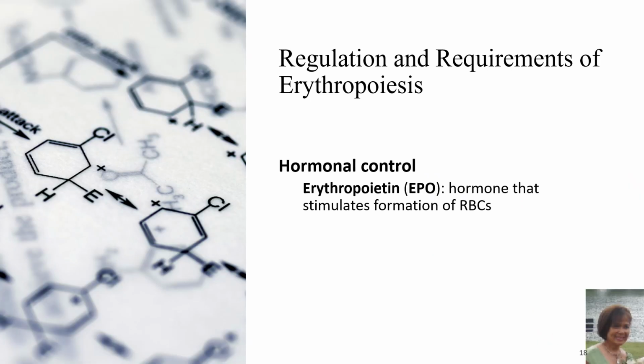So the hormonal control is actually the big shot in erythropoiesis, and that is that particular molecule that is capable of telling the hemocytoblast, hey, you have to make red blood cells, and that is your EPO, or erythropoietin.